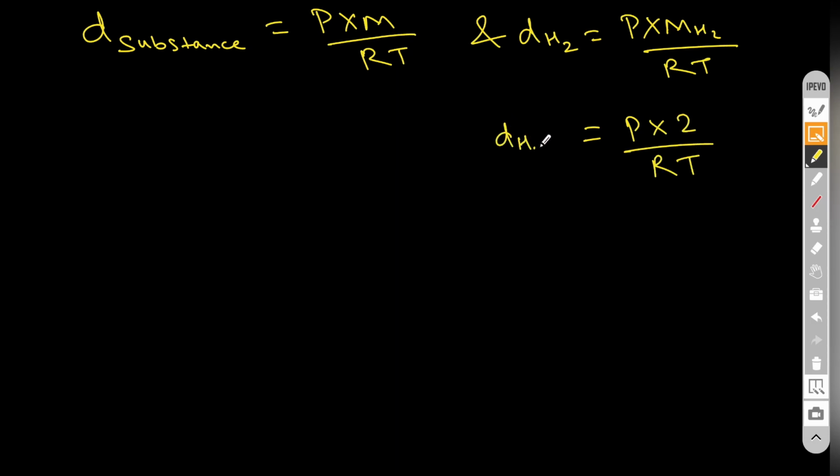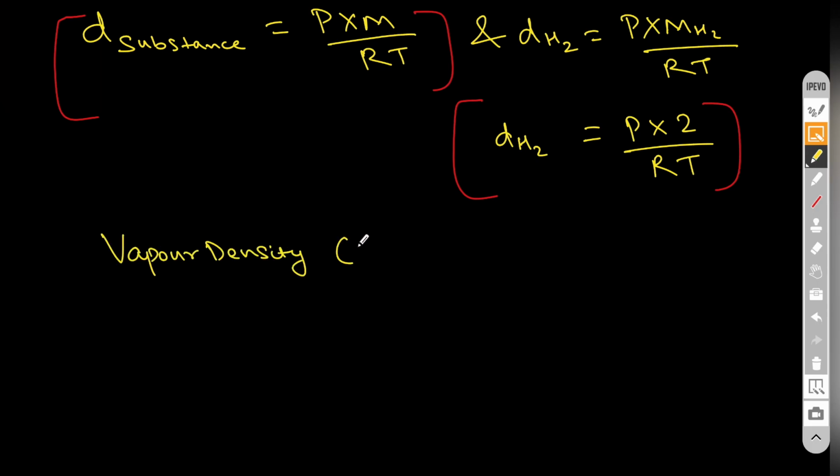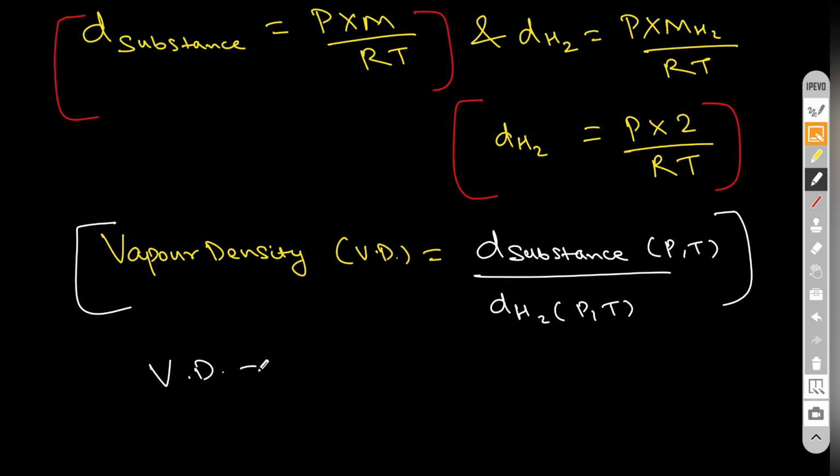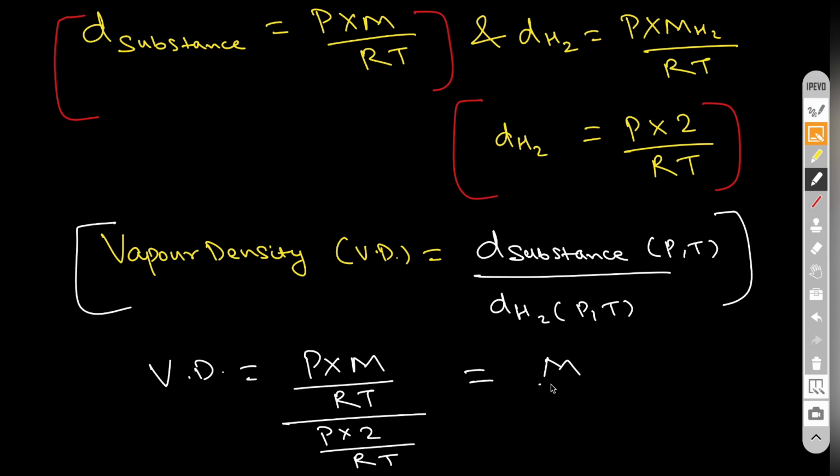Now we will write the formula of vapor density, which is VD is equal to density of substance at some pressure and temperature divided by density of hydrogen at the same pressure and temperature condition. Putting the values, we have vapor density is equal to P times M divided by RT, divided by P times 2 divided by RT, which will be M by 2, molar mass divided by 2.